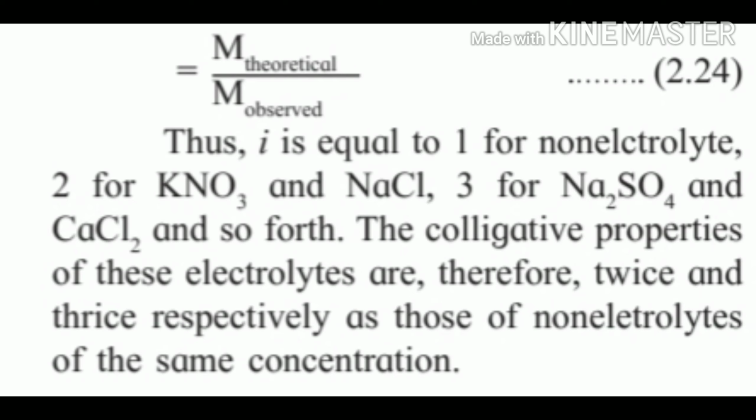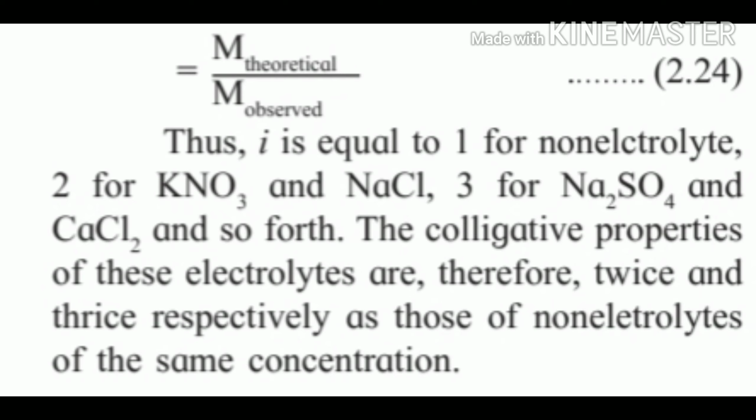Okay, now why is this so? Because we know that non-electrolyte is not undergoing dissociation. The value of I for potassium nitrate, that is KNO3, is 2, and NaCl is also 2, and the value of Van't Hoff factor for Na2SO4 and CaCl2 is 3.